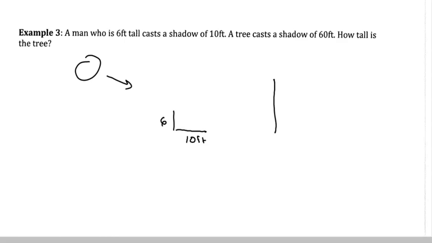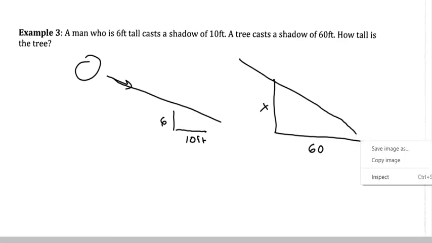Now this tree over here, which we don't know the height of, casts a shadow of 60 feet. Since the sun is shining down at the same angle, it creates two similar triangles. Once again, this thing is standing up at 90 degrees, that's standing up at 90 degrees, and this angle right here between the top of the person's head and the sunshine coming down, and the sunshine and the top of the tree, that makes the two triangles similar by AA.